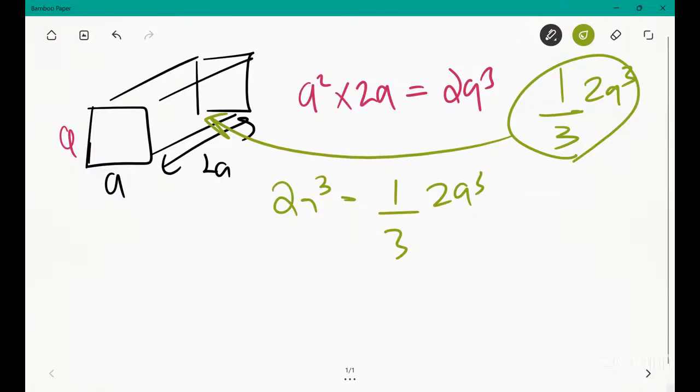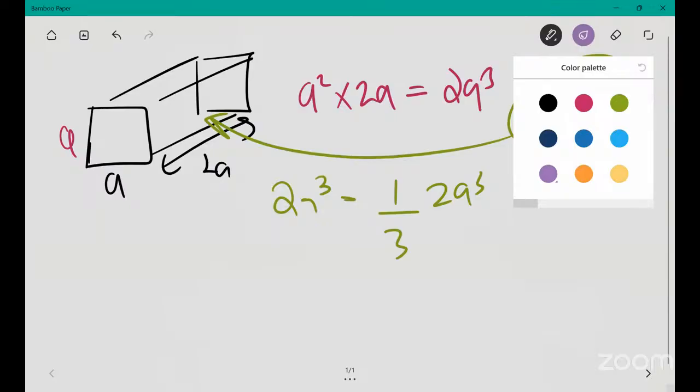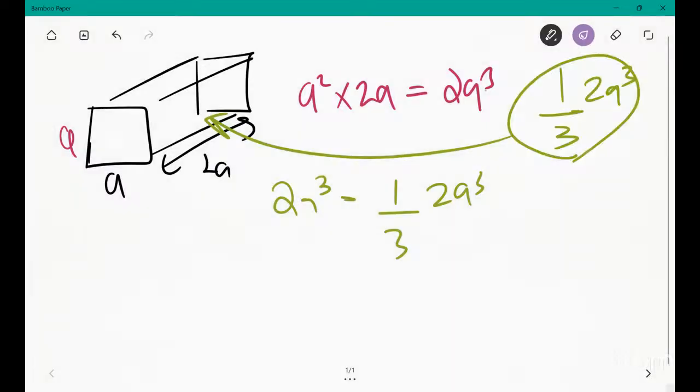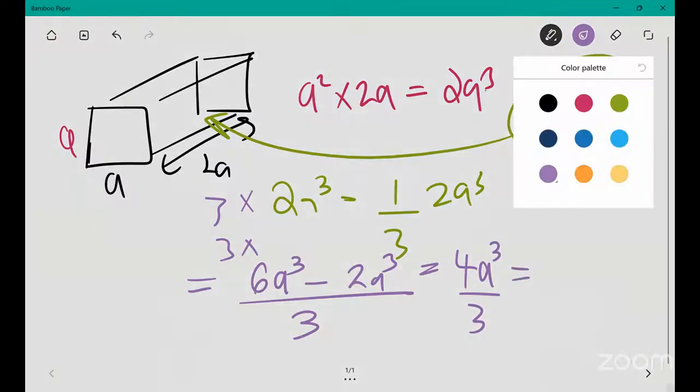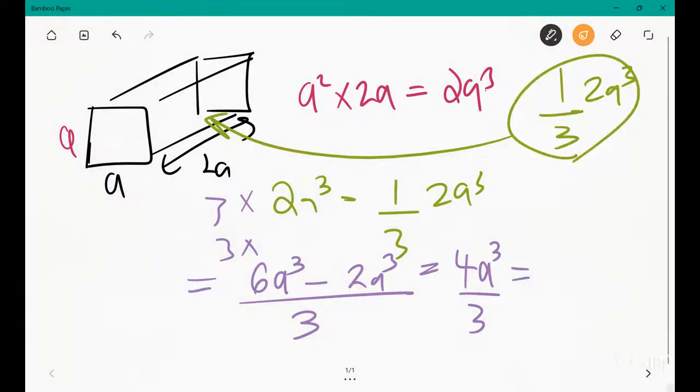So remember, this is fraction. So whenever you have fractions, you have to make sure the denominators are the same. So here I have to multiply both up and down by 3. So therefore 3 into 2, 6a cubed minus 2a cubed over 3. So that is 6 minus 2 is 4a cubed over 3. So we found the value of a, which is 2.